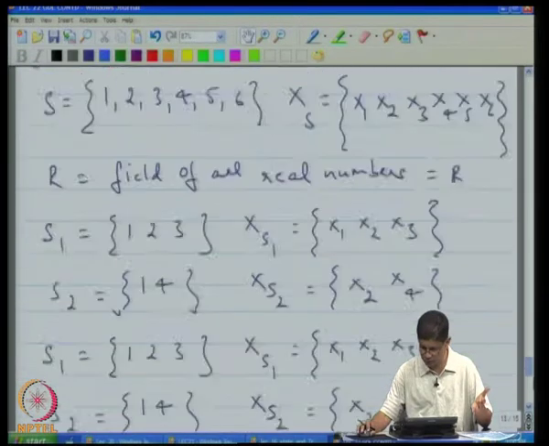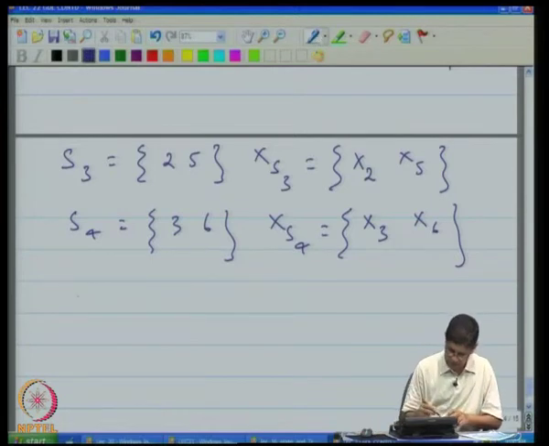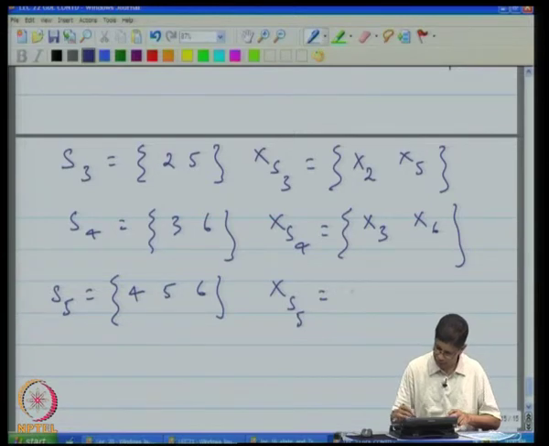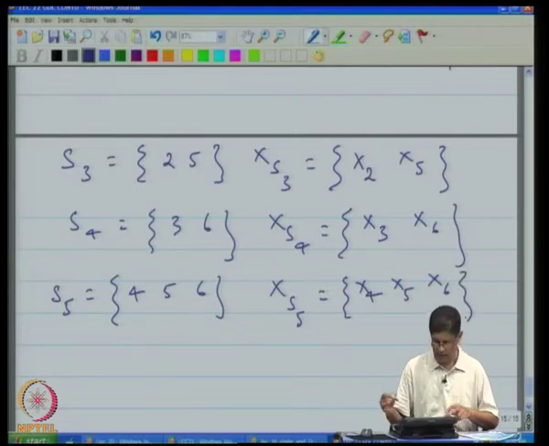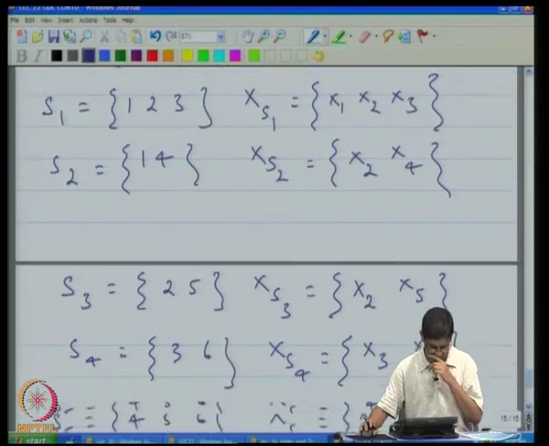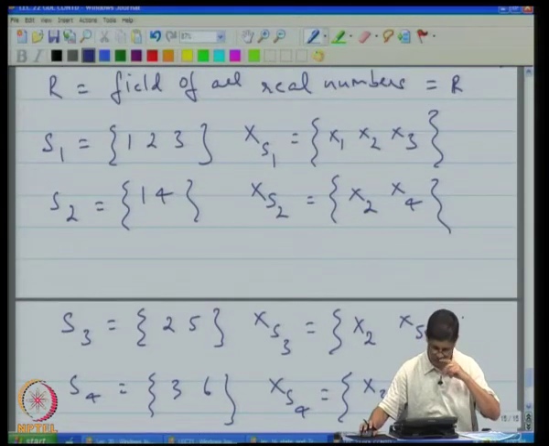So, that forces us to introduce another local domain, which will be S5, which will be 4, 5, 6 associated to X4, X5, X6.